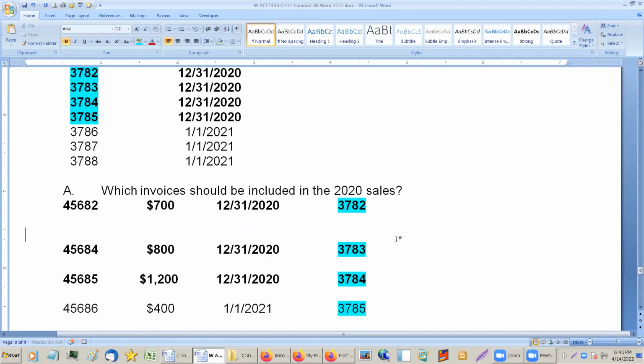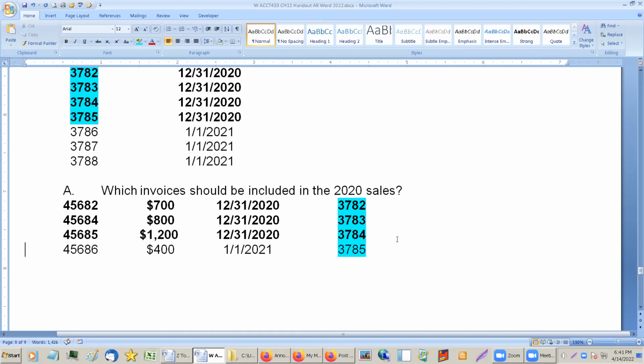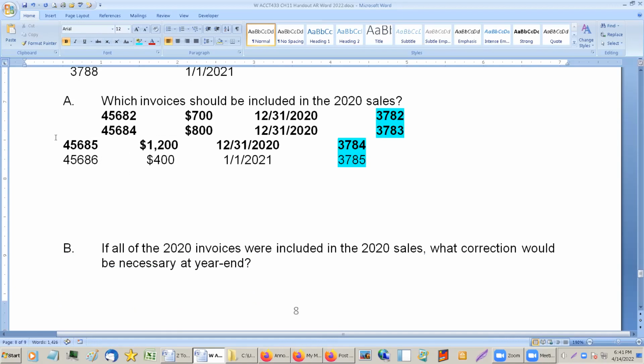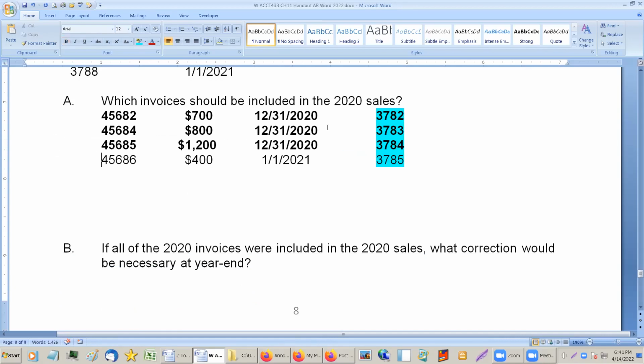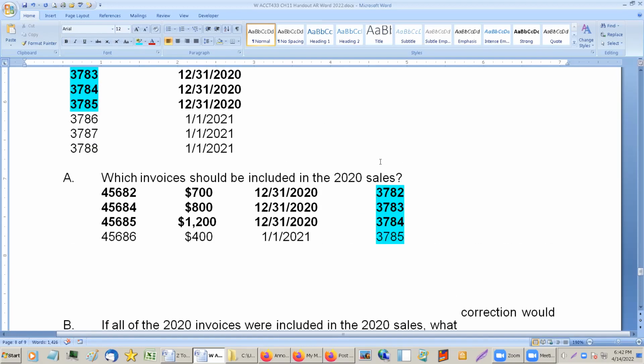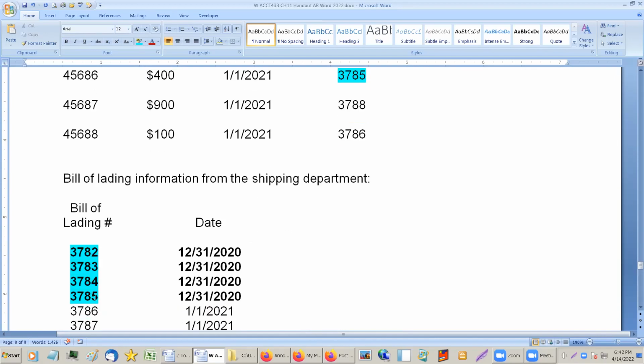And so which one should be included? Well, only those ones that are shipped. Right, these are the ones that were shipped, even though it says 1/1/2021. Well, it was shipped on 12/31.